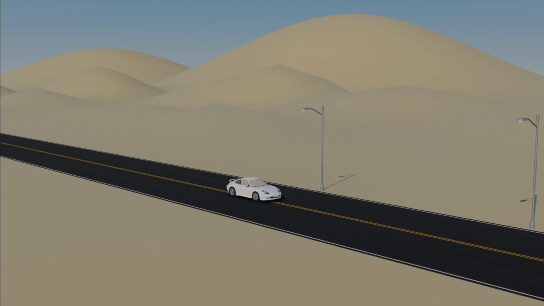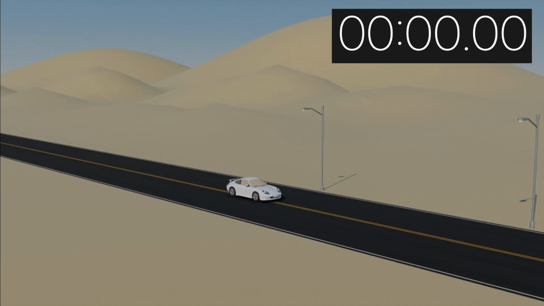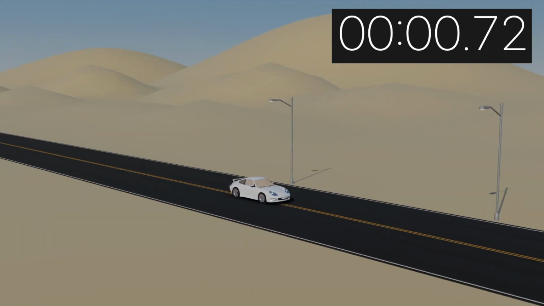Let's measure the time taken by the car from the moment it starts moving until it comes to a rest.